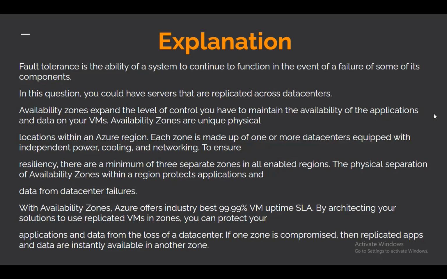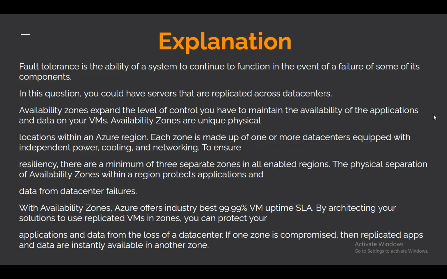Each zone is made up of one or more data centers, equipped with independent power, cooling, and networking. To ensure resiliency, there are a minimum of 3 separate zones in all enabled regions. The physical separation of availability zones within a region protects applications and data from data center failures.